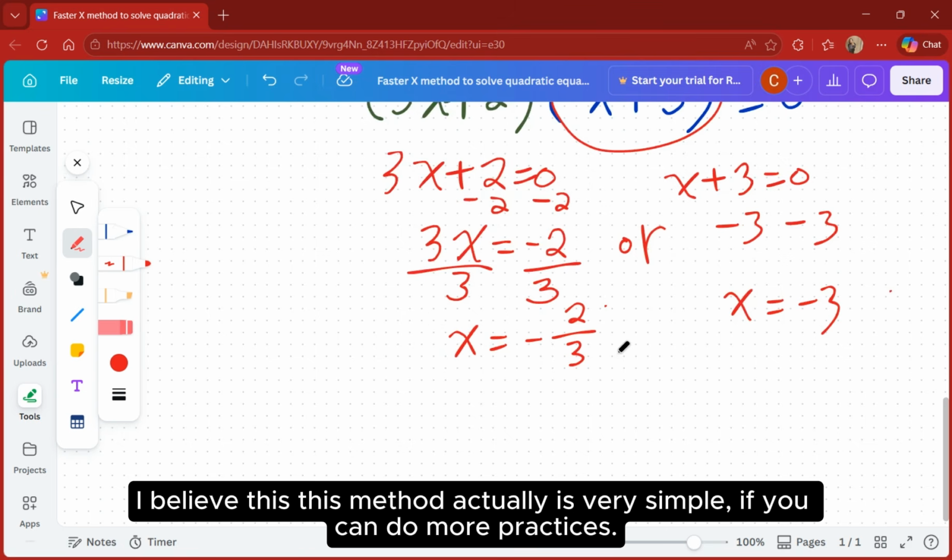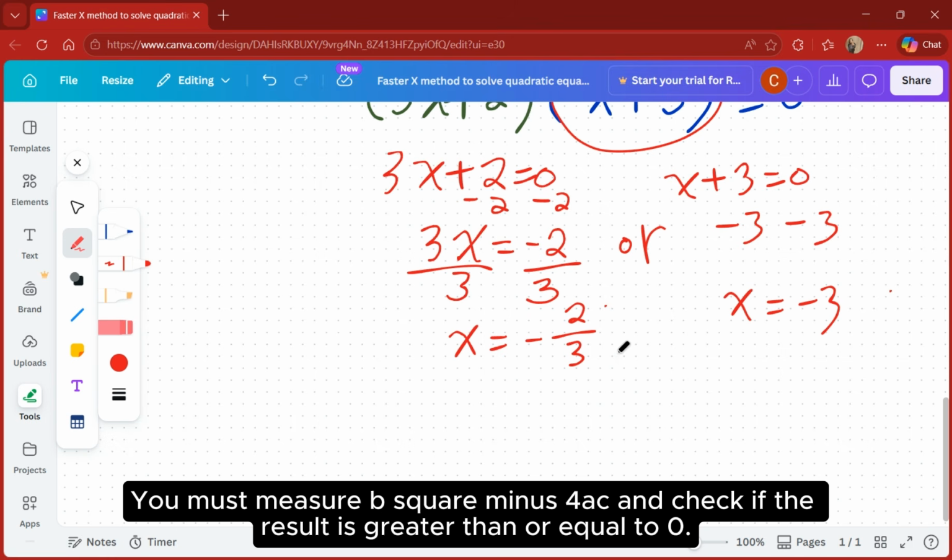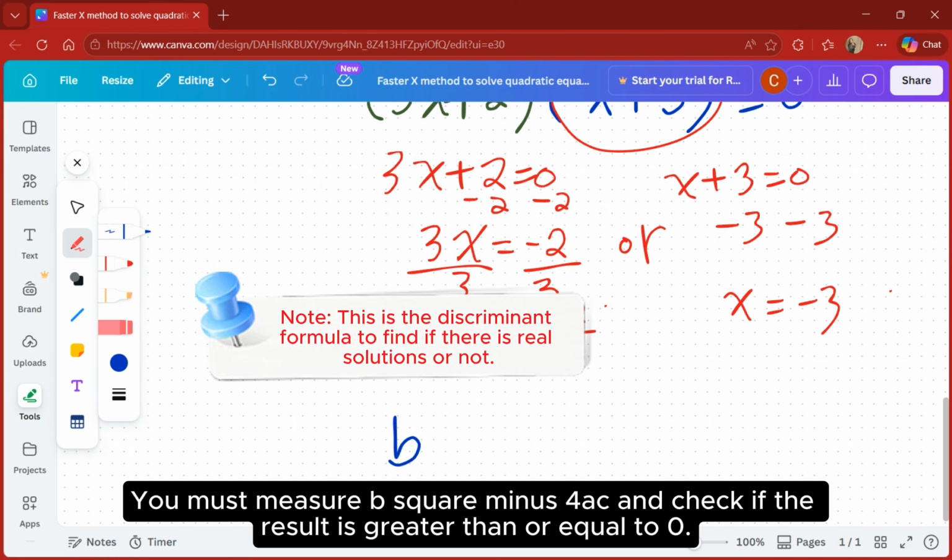I believe this method is very simple. If you can do more practice, it's the best way to solve quadratic equations. You must make sure b squared minus 4ac is greater than or equal to 0.